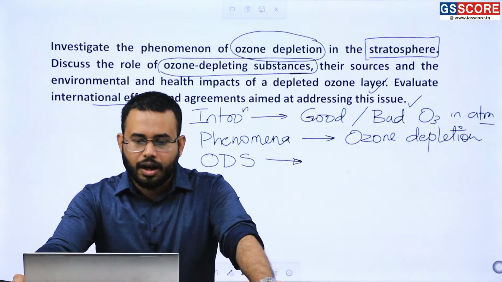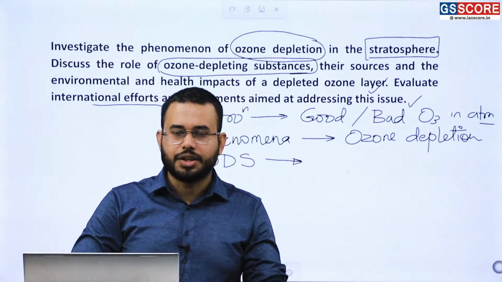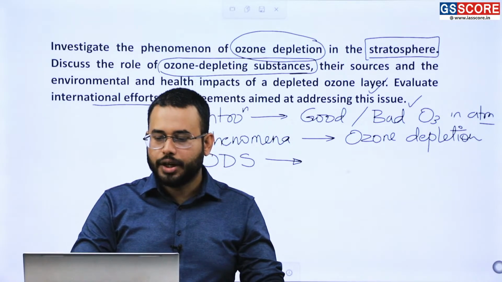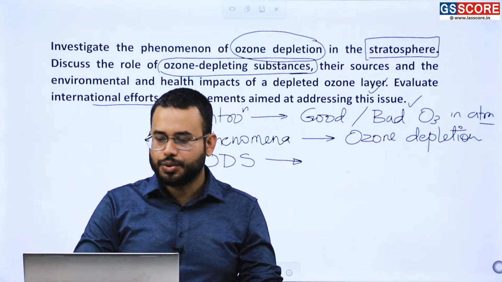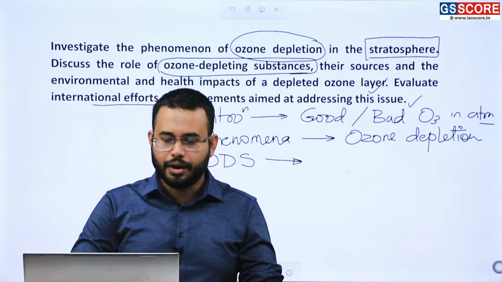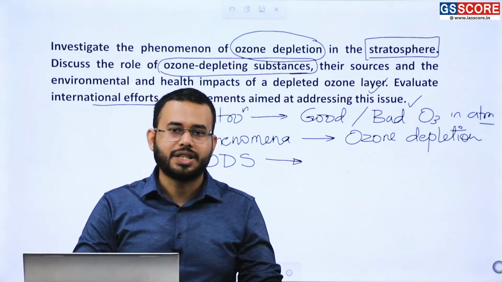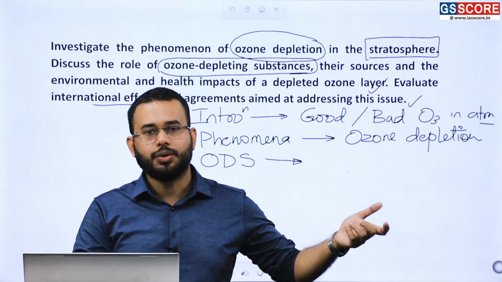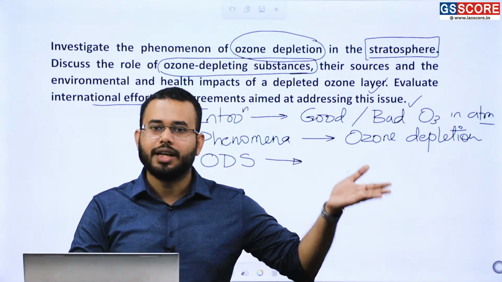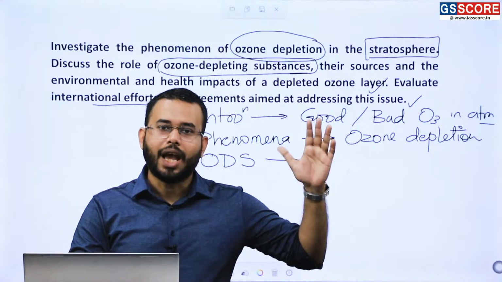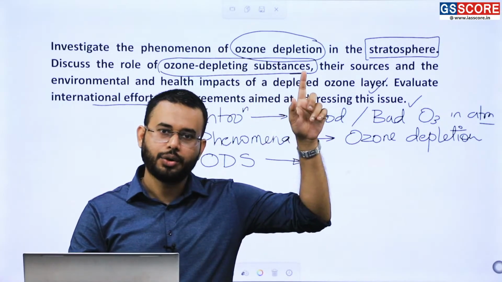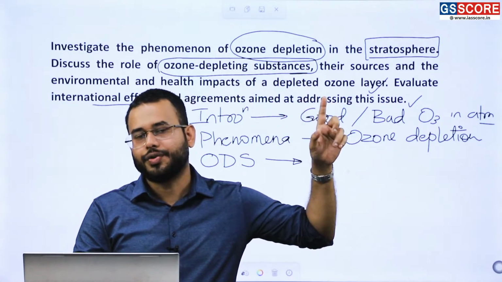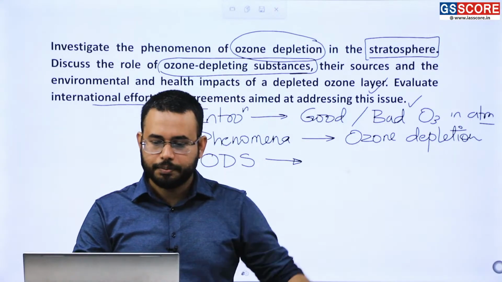Another is agricultural application: methyl bromide, a potent ozone depleting substance, is used as a soil fumigant in agriculture to control pests and diseases. As a pesticide, it releases chemicals into the atmosphere, and the free radicals interact with the ozone in the stratosphere and deplete the layer.